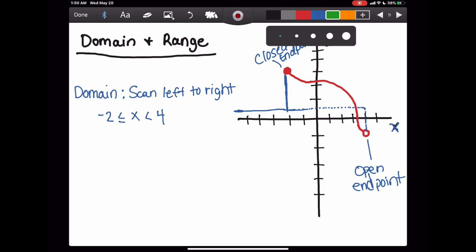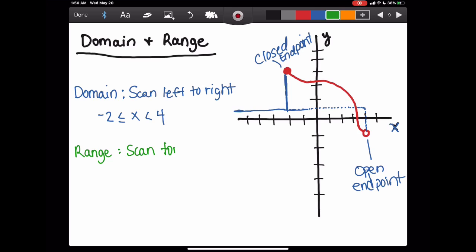For our range here, you are going to scan bottom to top, because you want to start with the negative numbers. We're going to be measuring pretty much the height of the graph now.